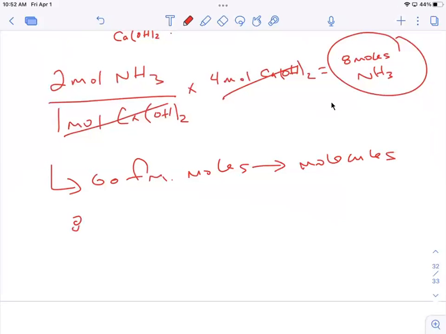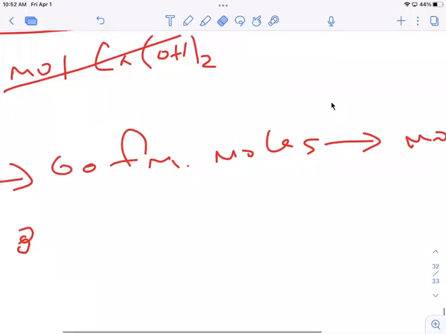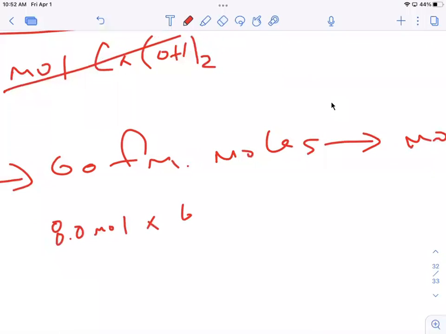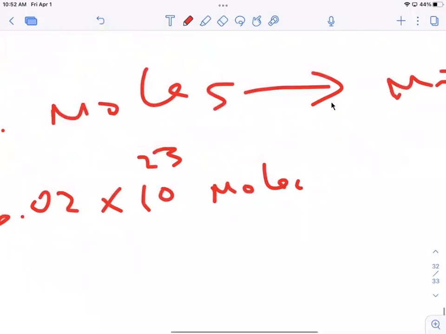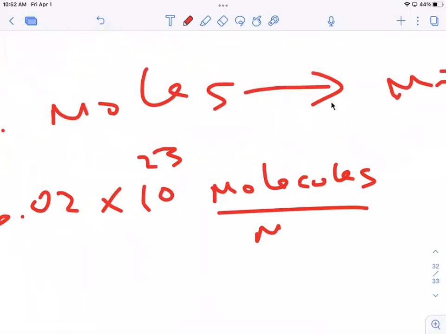Give me what? 8 moles times what? Avogadro's number, right? 10 to the 23rd. I was gonna say that, but I wasn't sure. All right, cool. Oh, you're right. Molecules per mole.